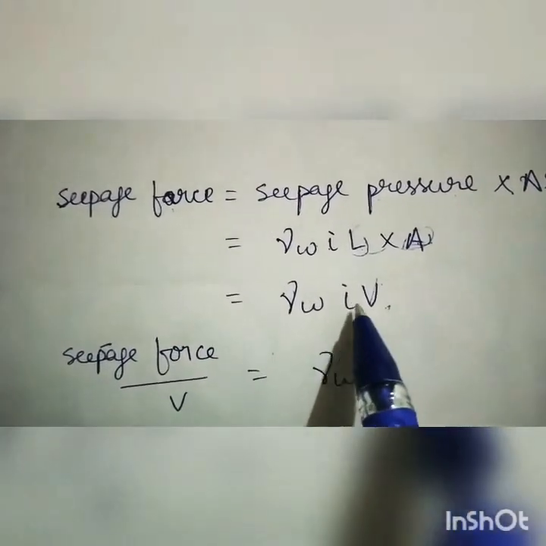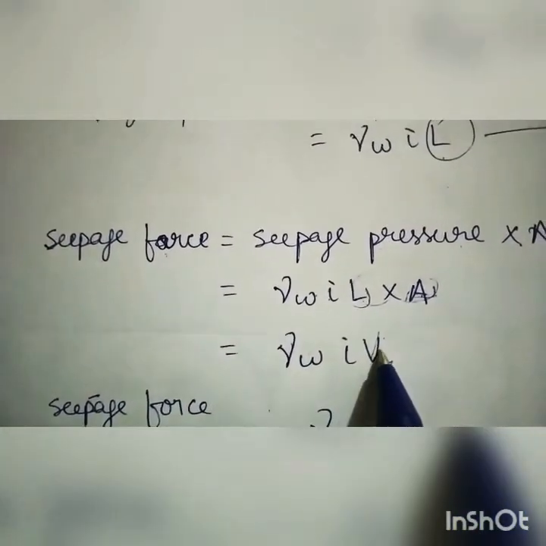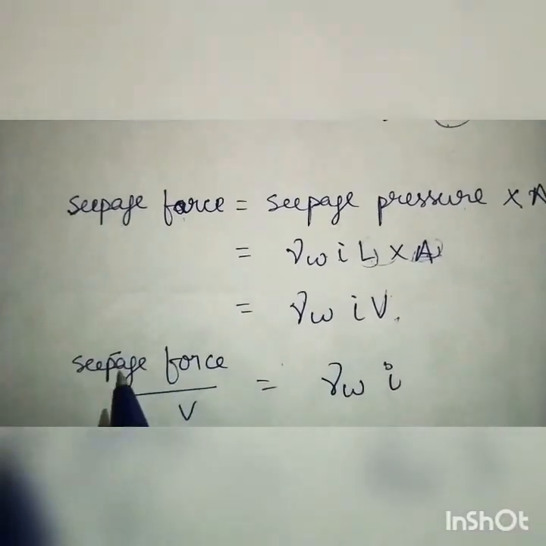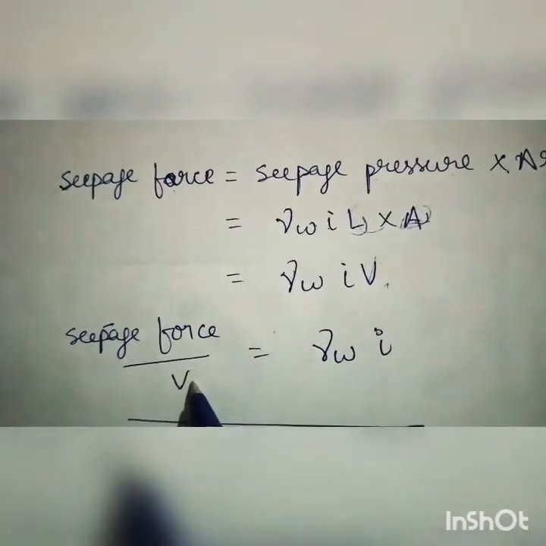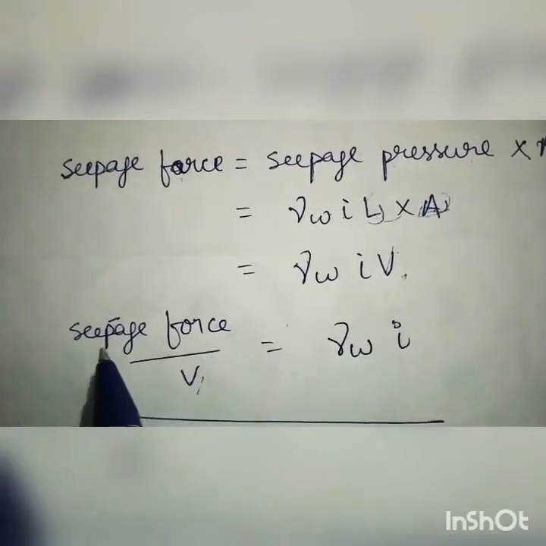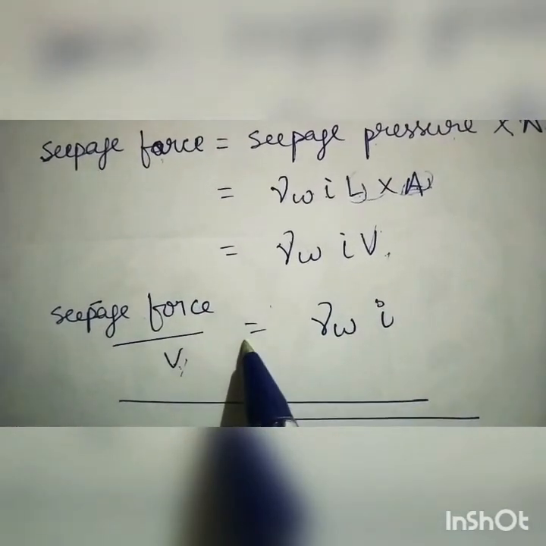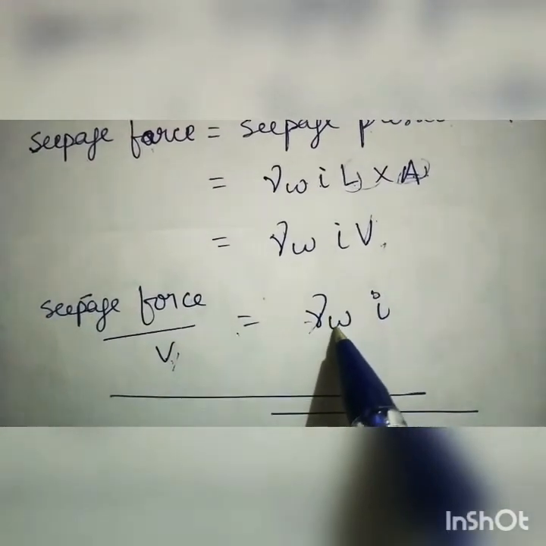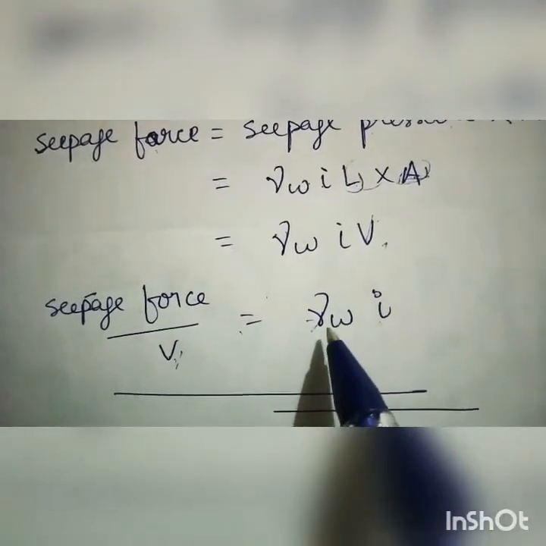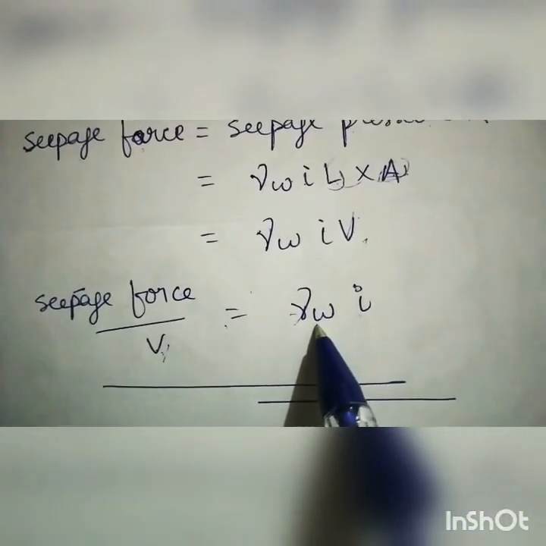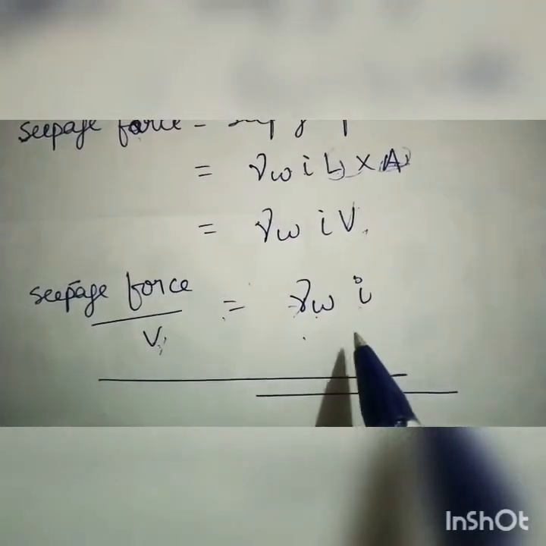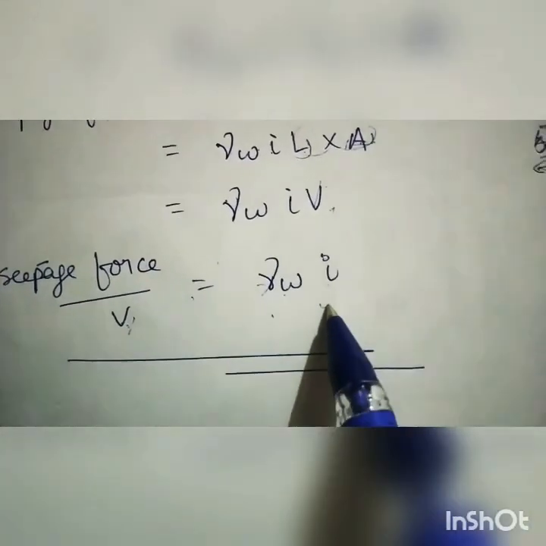So if we take V to this side, this becomes seepage force upon volume. We can say it as seepage force per unit volume. It becomes gamma W into i, where gamma W is the unit weight of water and i is the hydraulic gradient.